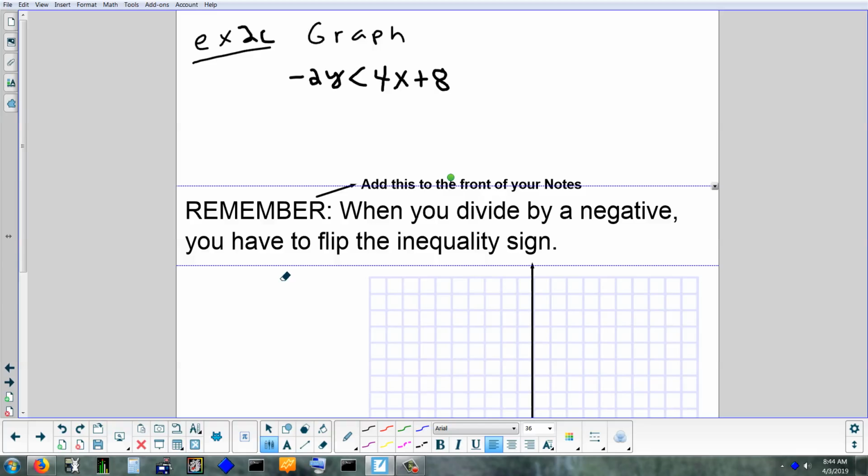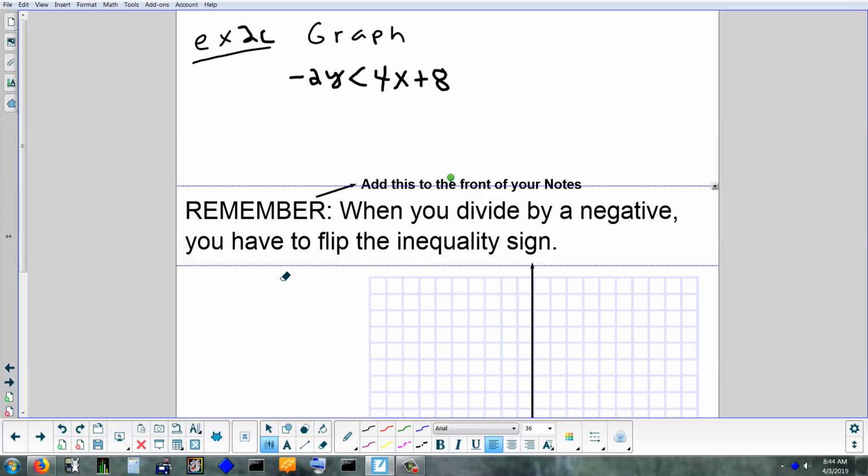This might be important for the test on Friday. Once we flip the sign, you can always circle it and draw an arrow down the way you wrote this.